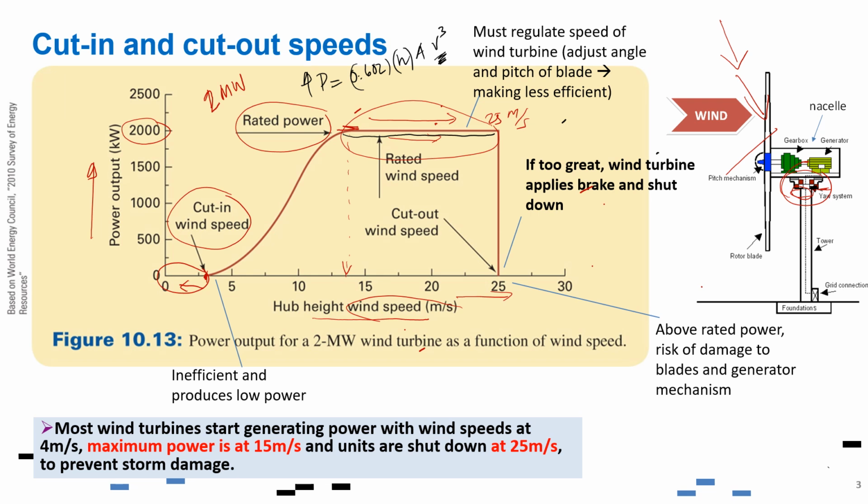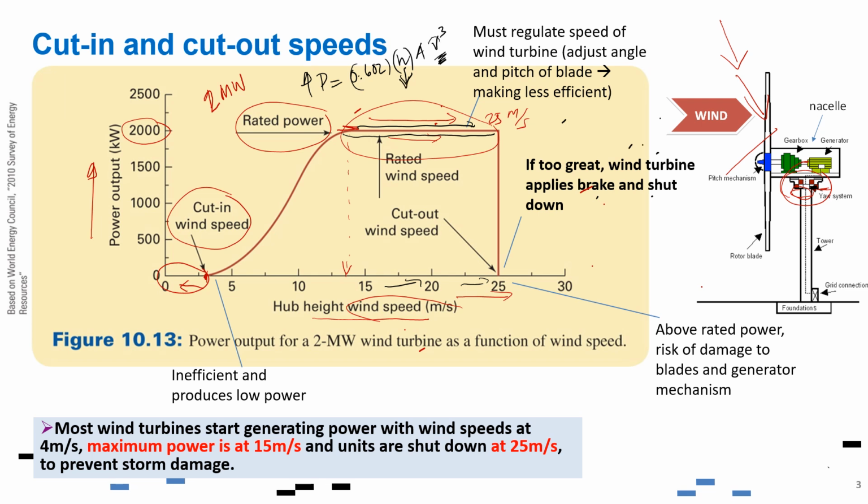So what happens here is that during this part, as the wind speed is getting higher, the orientation of the blades of the turbine is actually changed in order to make it less efficient. So the orientation of the turbine is changed in this area so that the efficiency will go down.